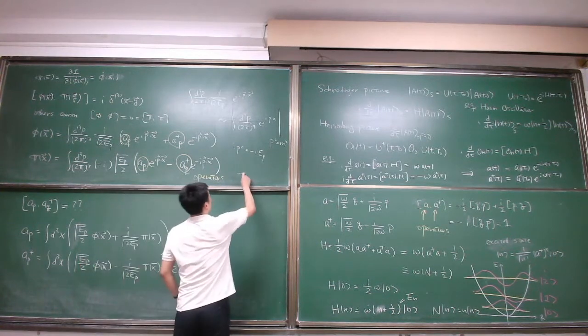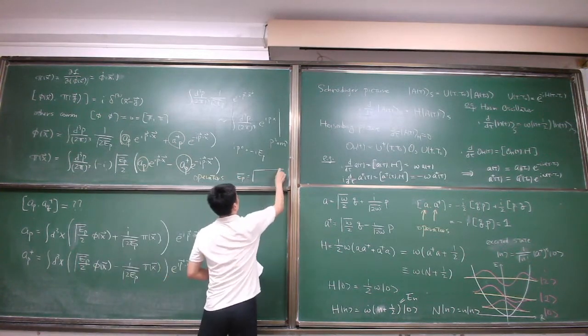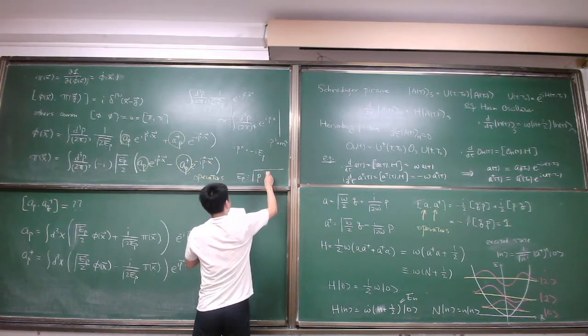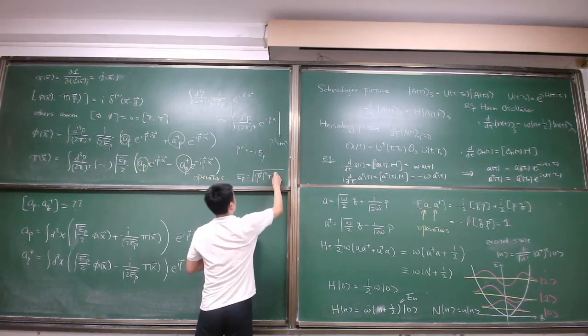Of course E_p is equal to the square root of p squared plus m squared.